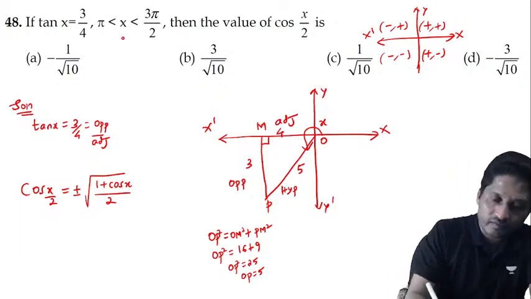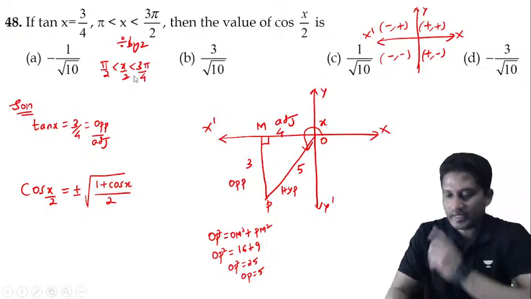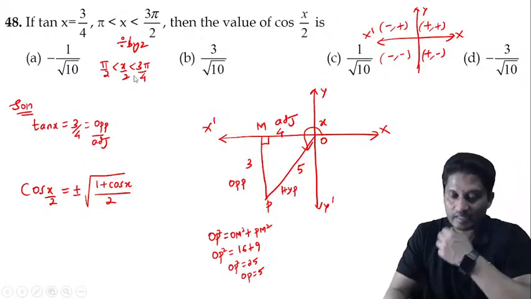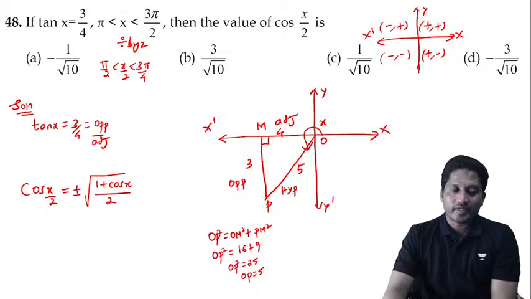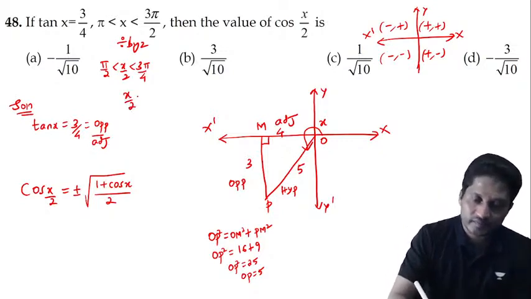If I divide by 2, then you get pi by 2 is less than x by 2 is less than 3 pi by 4. So obviously x by 2 lies in the second quadrant, isn't it?